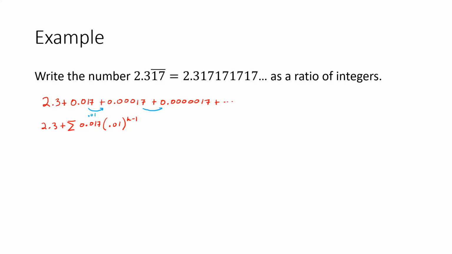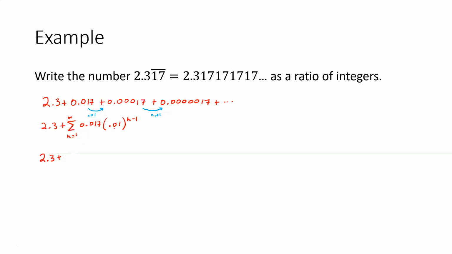And then I multiply that by 0.01 again. It scooches the decimal 2 more spots to the left. So there we have a way of expressing it as a geometric series.